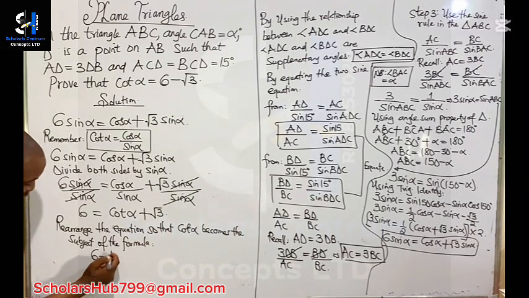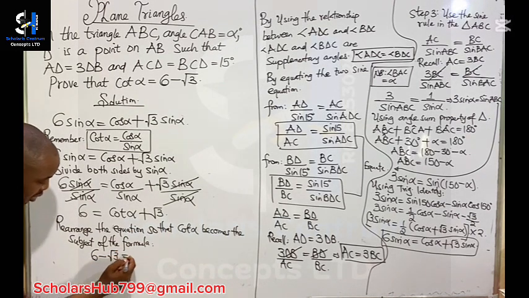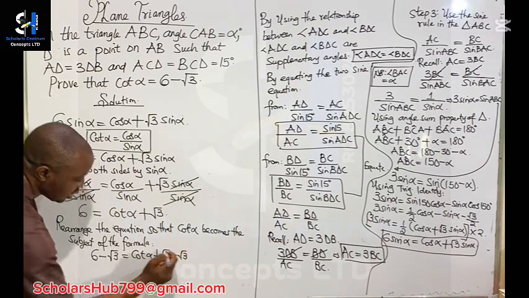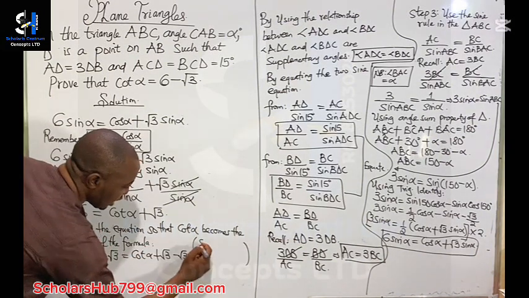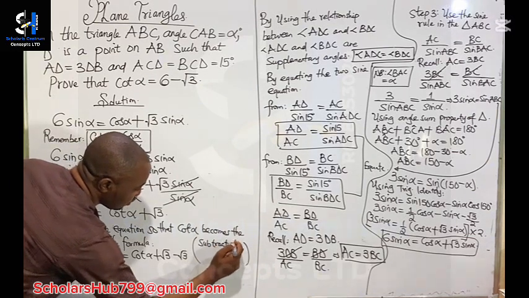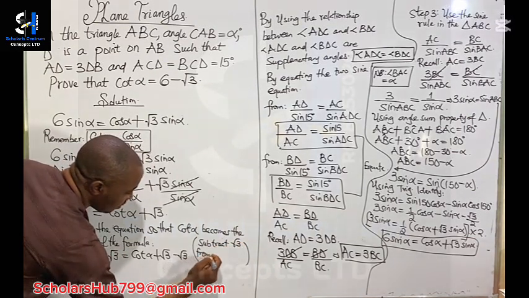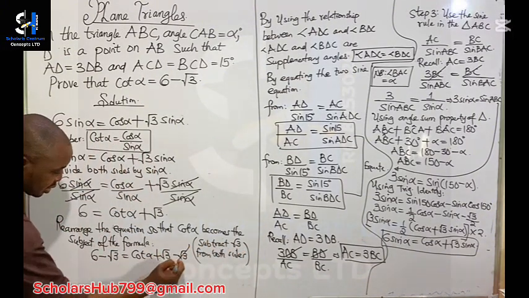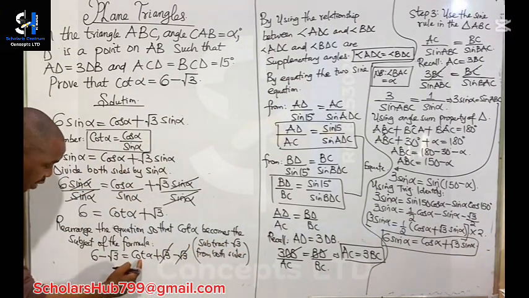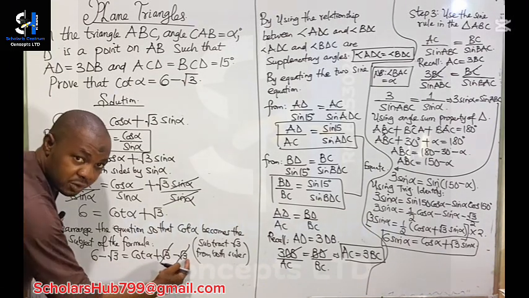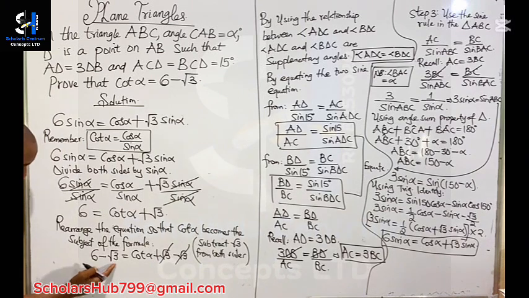So I have 6 minus root 3 equals cot alpha plus root 3 minus root 3. What have I done in this case? I subtracted radical 3 from both sides, so that cot alpha plus radical 3 minus radical 3 equals 6 minus radical 3.